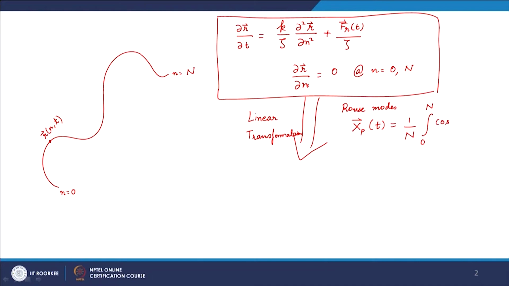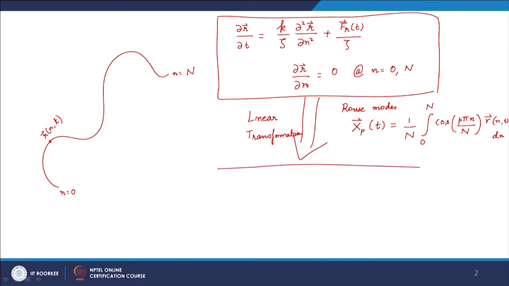Earlier we wrote in terms of a basis function, and then using the boundary conditions in the PDE we got the expression for the basis function, that is 1 by N cos p pi n by N, integral over r dn.